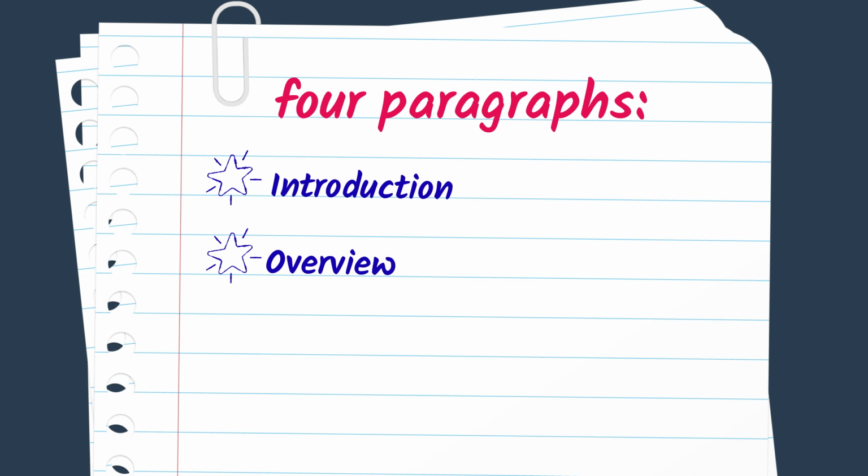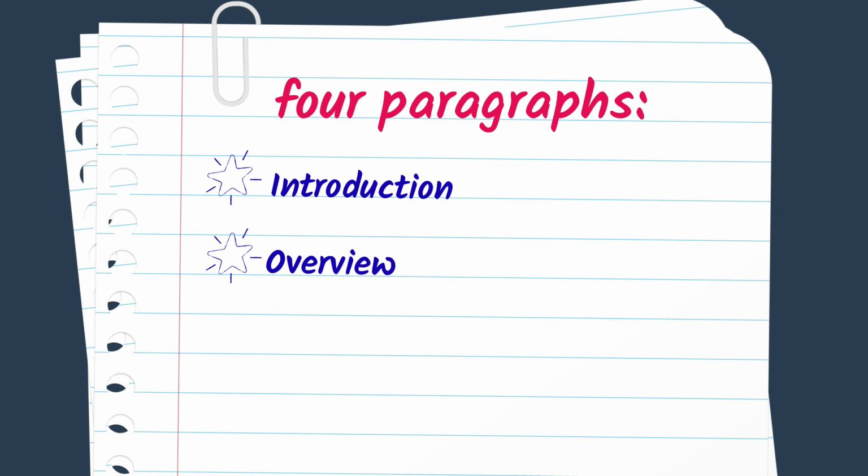So basically, you know that our writing a report consists of 4 paragraphs. The first paragraph is introduction. Then we should write overview. And as you remember, in writing our overview paragraph, we always write about the most specific features that stand out to the candidate.